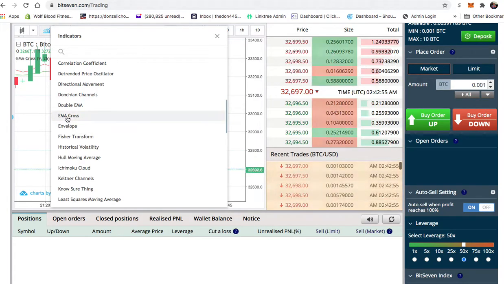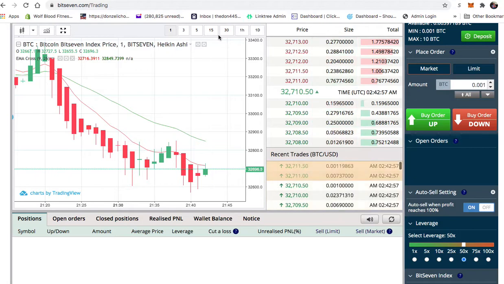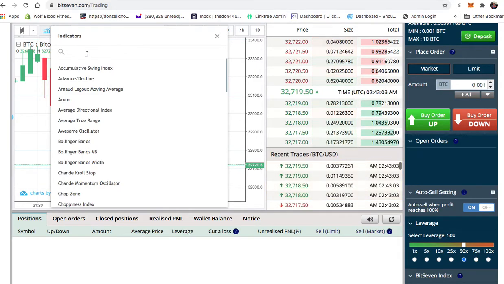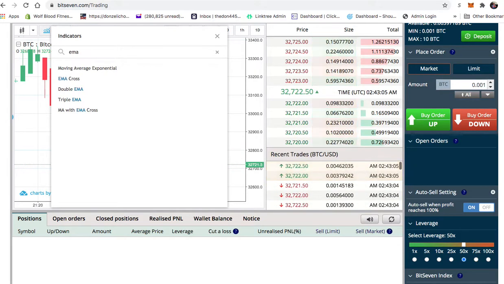Let's do that one. Nope, actually that is not the one I wanted. I'm sorry about that. Let's just type in EMA. Oh, right here. Moving average exponential is the one that I like.